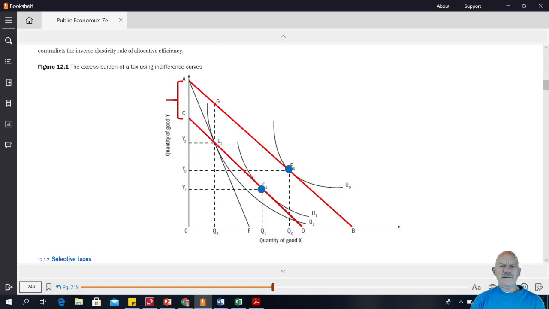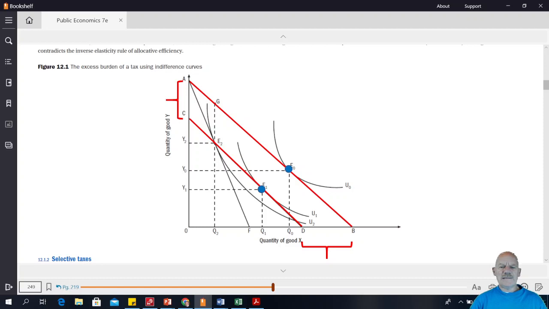We often let the price of Y be equal to 1. So if the price is 1 rand for a good Y, then AC is a quantity of Y times 1, so it's also a value. You can think of AC as the size of the lump sum tax in terms of good Y, but we could also have measured it in terms of good X if we wanted to.